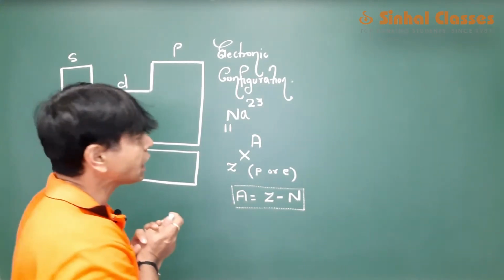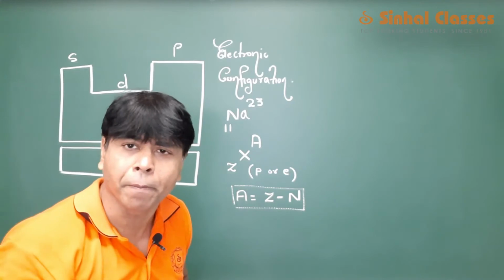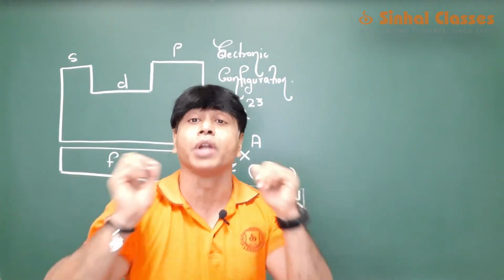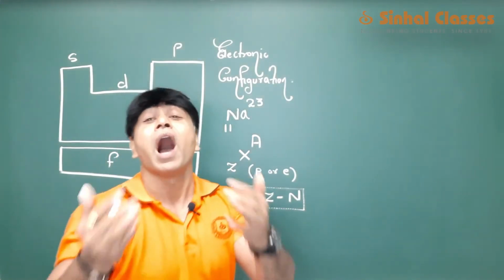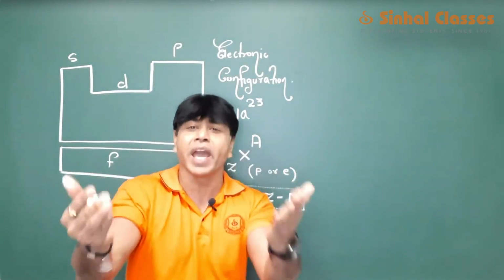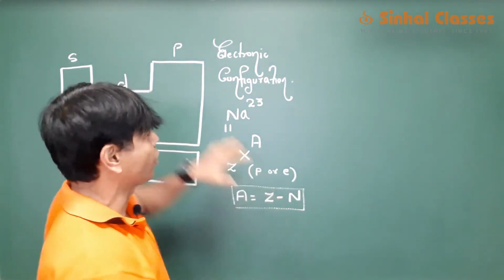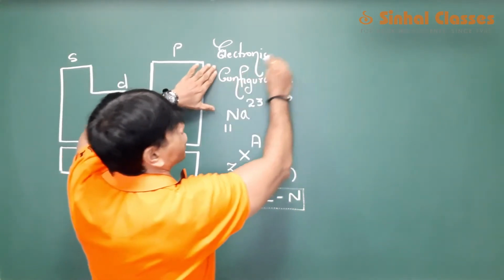Now, if I ask you to write the electronic configuration of sodium and I want to know where sodium is placed in the periodic table, without opening the periodic table, how can you convey its position? For that, we write the electronic configuration.